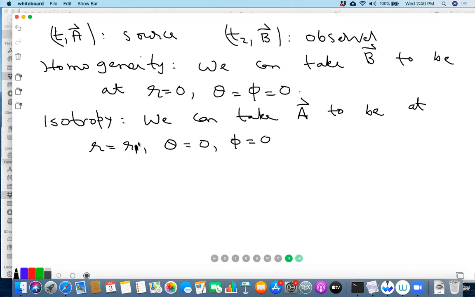So light travels from the initial point T1A to the final point T2B. Sorry, this is T1, I should have had a comma here. Light, of course, travels along a null geodesic.